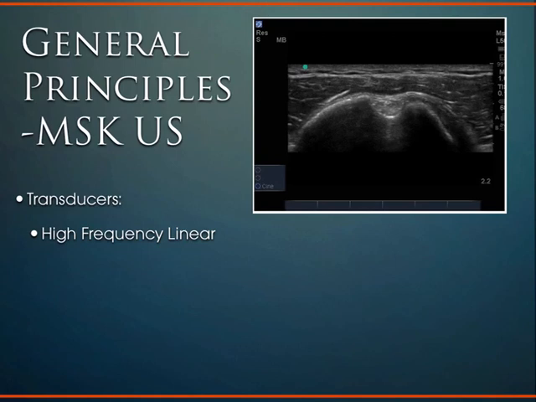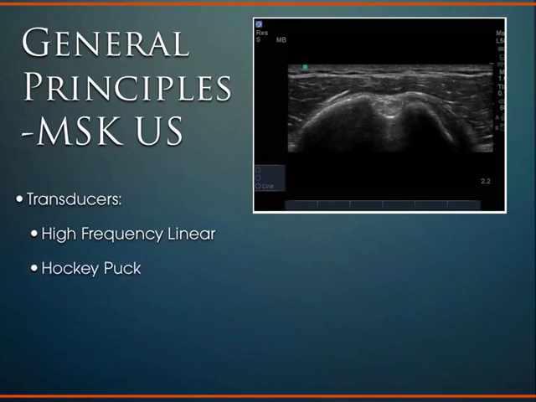So with musculoskeletal, we're dealing with a lot of superficial structures. We're not really trying to get too deep. There are a couple regions where you do have to either switch probes or go to different settings to get more penetrance and get deeper. But in general, with MSK, we're mostly looking for the high frequency, better resolution, less depth.